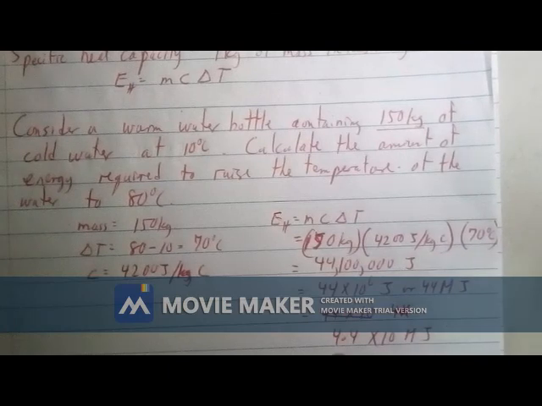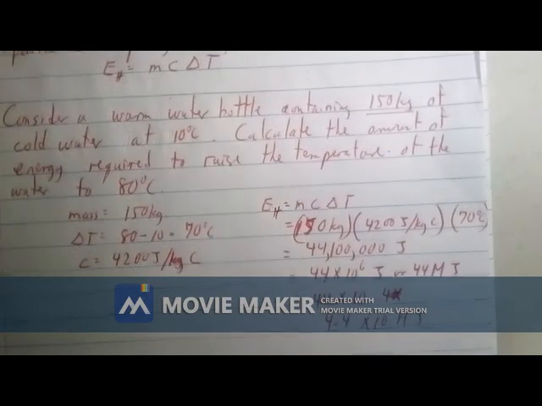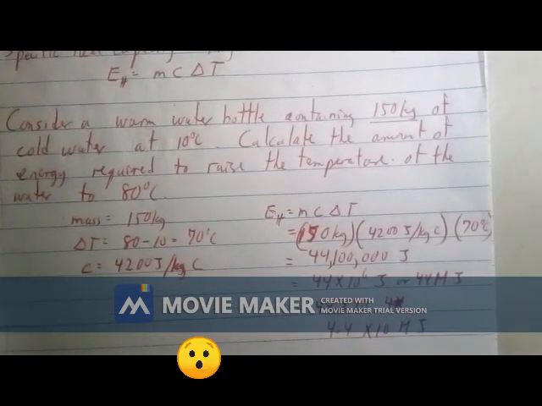It will be the same as this, because nothing has been added, it is just being lost to the atmosphere, the heat energy. Okay, so this is with specific heat capacity.